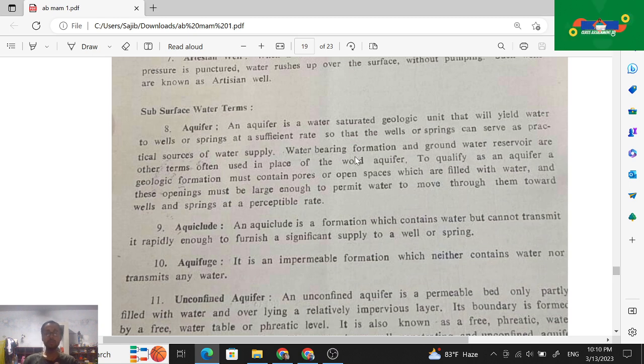And water bearing formation and groundwater reservoir are other terms often used in place of the word aquifer. To qualify as an aquifer, a geologic formation must contain pores or open spaces which are filled with water, and these openings must be large enough to permit the water to move through them towards wells and springs at a perceptible rate.